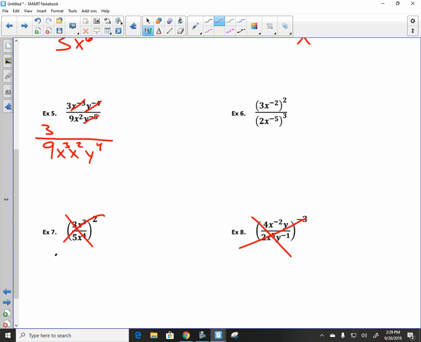I'm going to move the y to the 5th to the numerator. And after I turn all the exponents so that they're positive, now I'm going to actually simplify. 3 over 9 gives me 1 over 3. Do I have any x's in the numerator? So I have x to the 5th in the denominator, y to the 1st in the numerator.